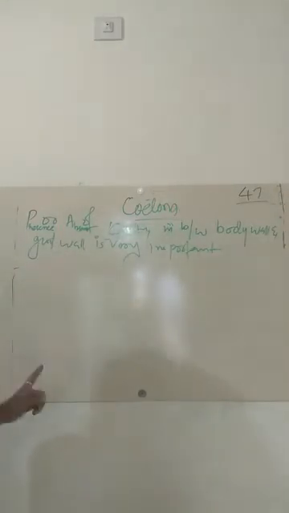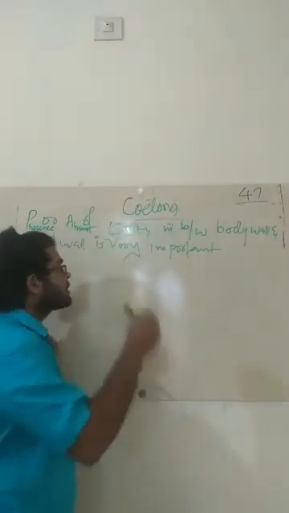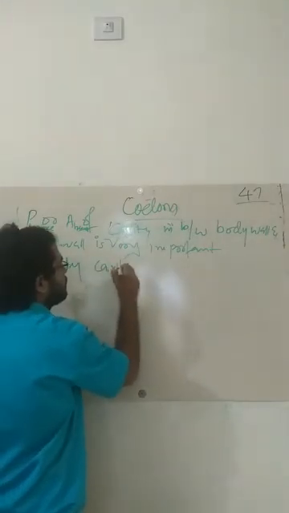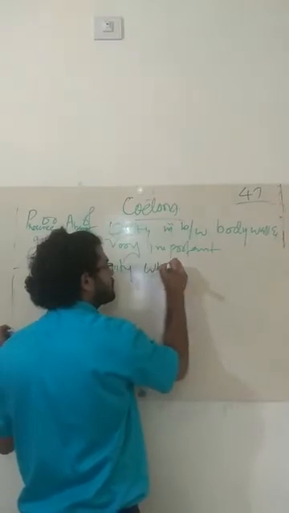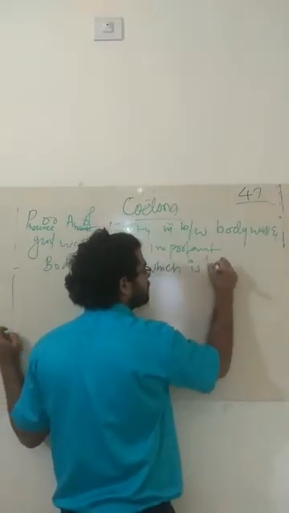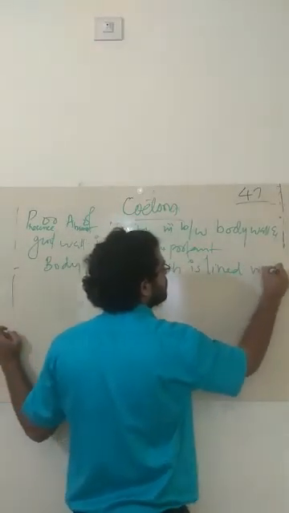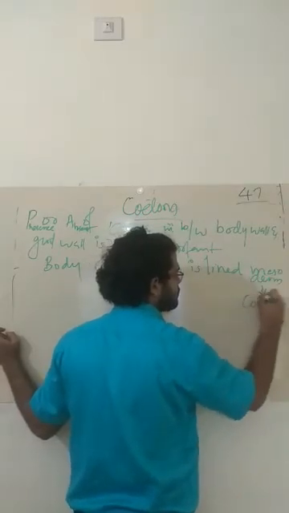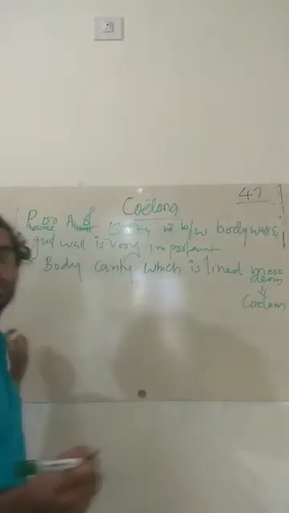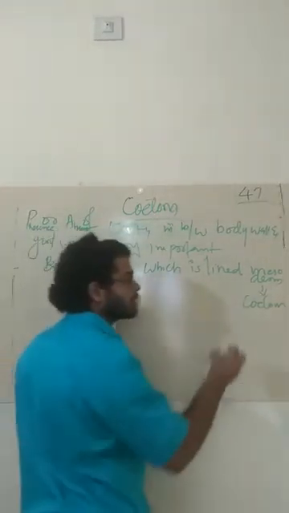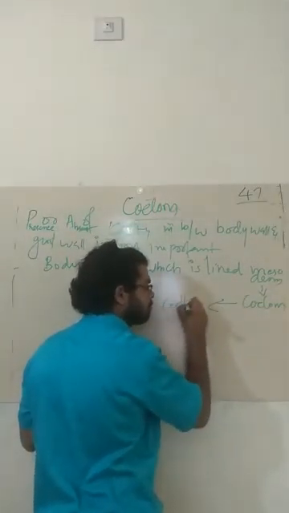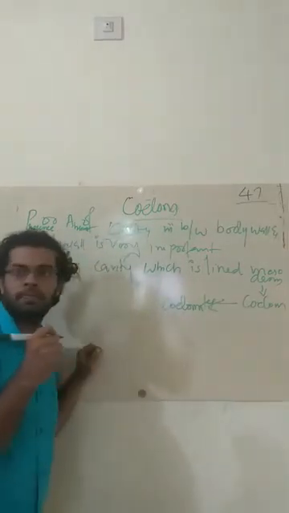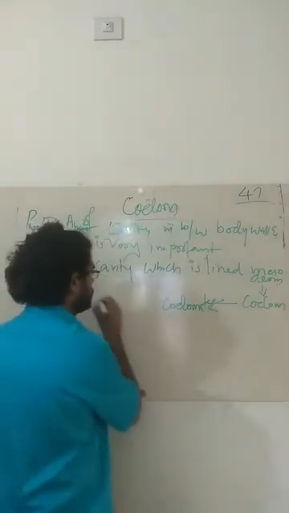Okay, so the body cavity which is lined by mesoderm is known as the coelom, and the animals possessing coelom are known as the coelomates.